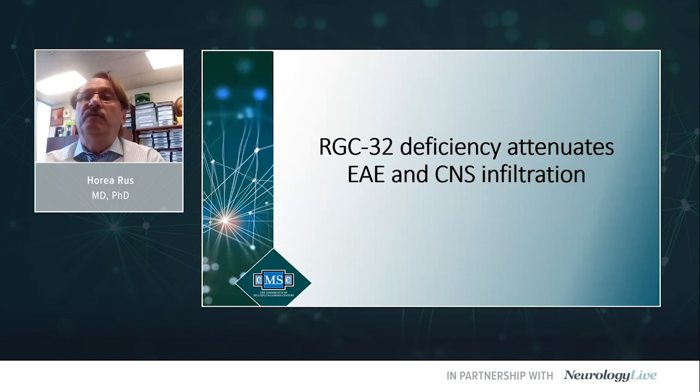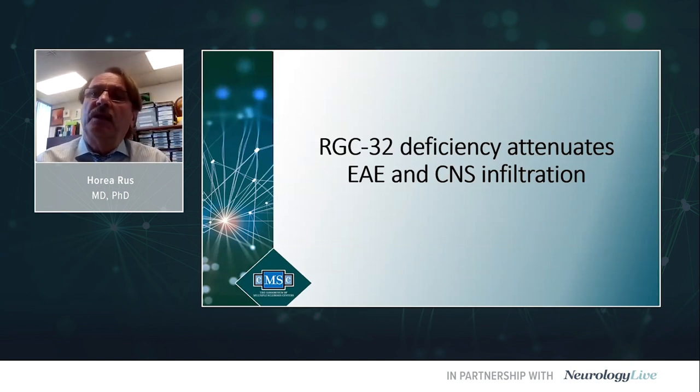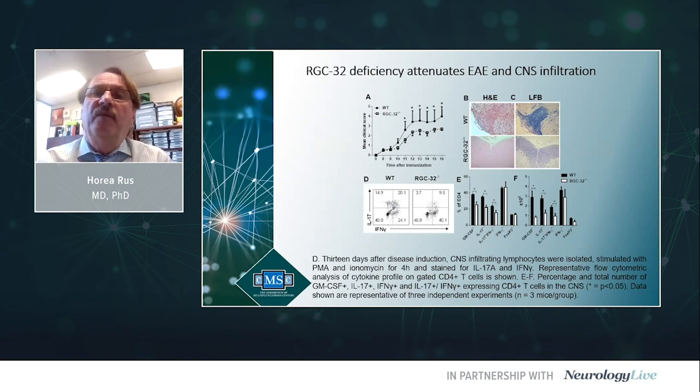We wanted to see if this has any effect in vivo in experimental autoimmune encephalomyelitis, the EAE model of MS, and we looked at the effect on the CSF, on the clinical scores and the demyelination, as is seen here.